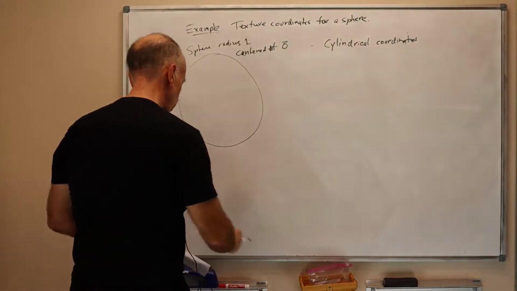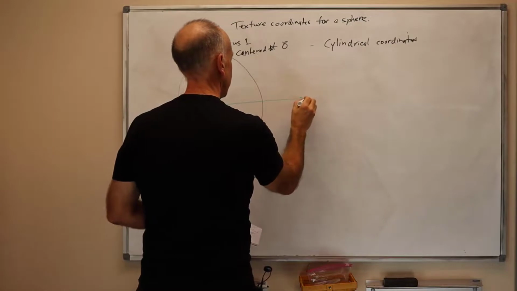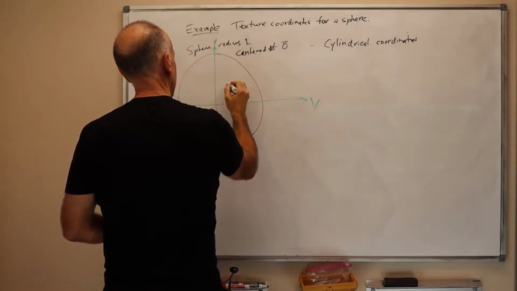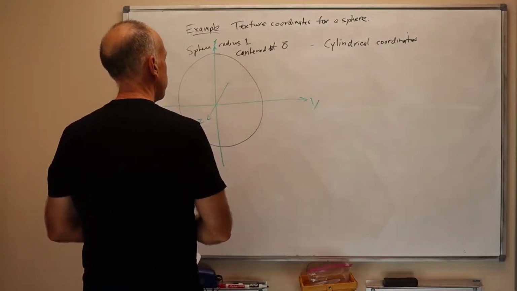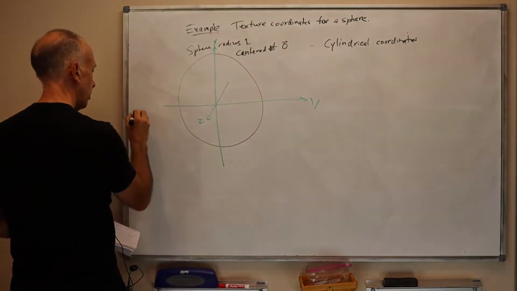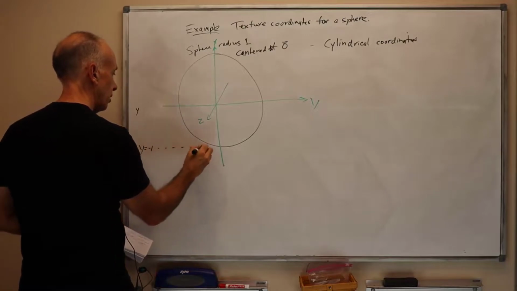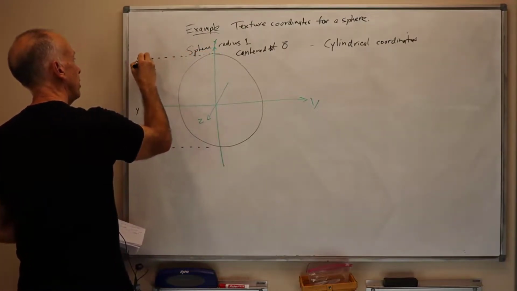So for cylindrical coordinates, let's draw the axes. Here's X, here's Y, here's Z, and we're going to do the following. Y is ranging from -1 at the bottom to 1 at the top.